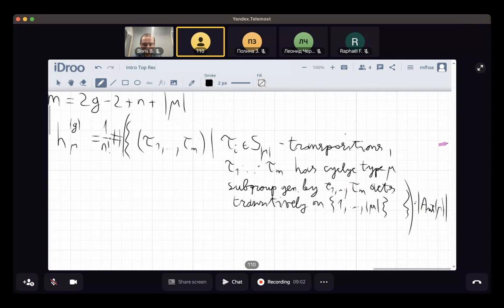What are automorphisms of mu? Let me give you an example. If n is equal to 1, then what is the number of automorphisms?